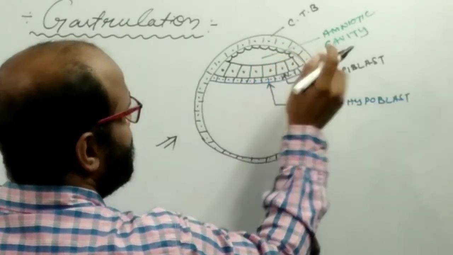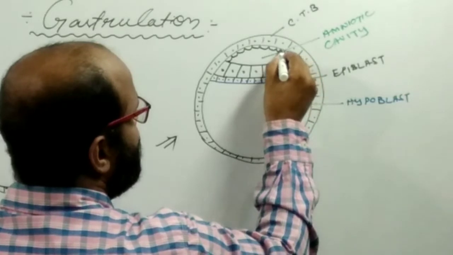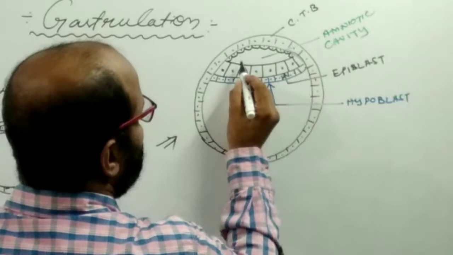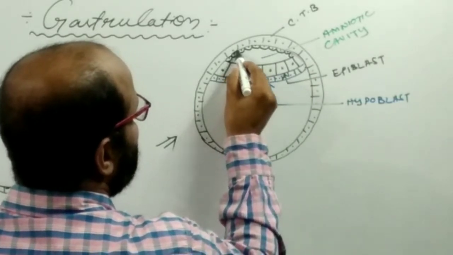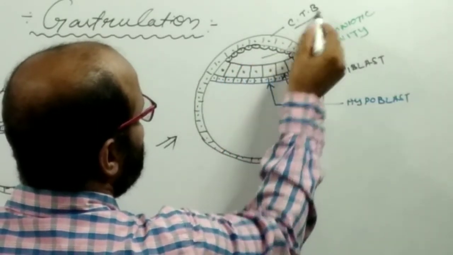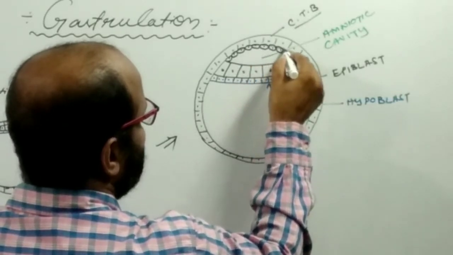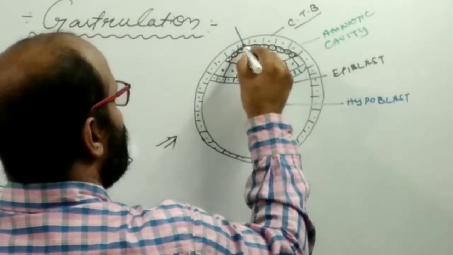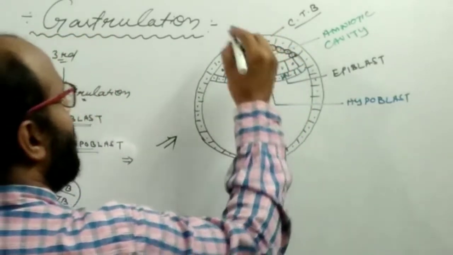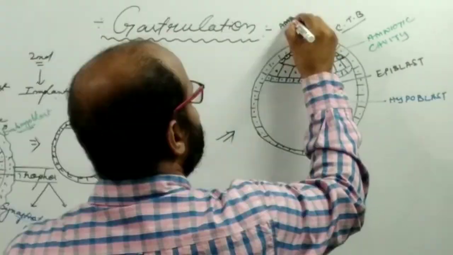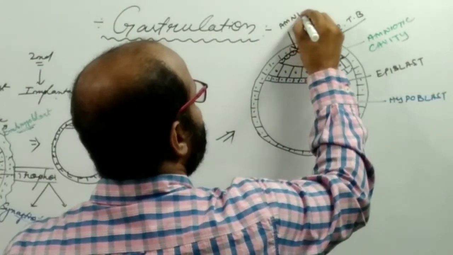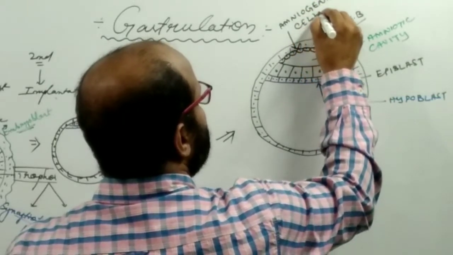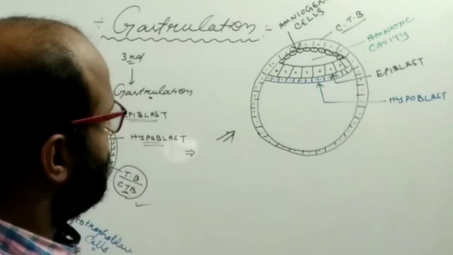The amniotic cavity is lined on the dorsal side by this other set of cells, produced by the division of the cytotrophoblast, and these cells are known as the amniogenic cells because they form the amnion.